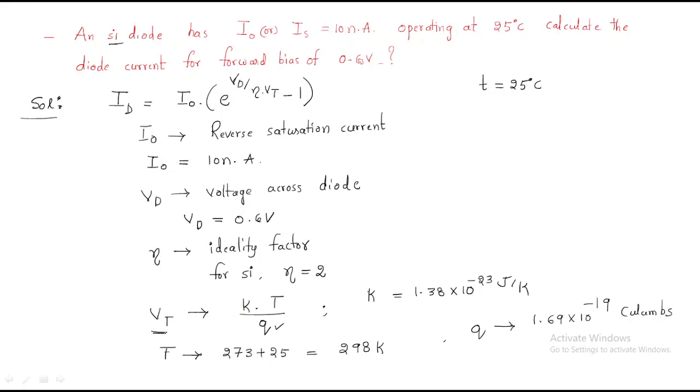So by using that, we will find out everything. First we need to find out the VT. VT equals KT by Q. So here VT, the temperature dependent voltage, is 1.38 into 10 power minus 23 into 298 by 1.6 into 10 power minus 19.